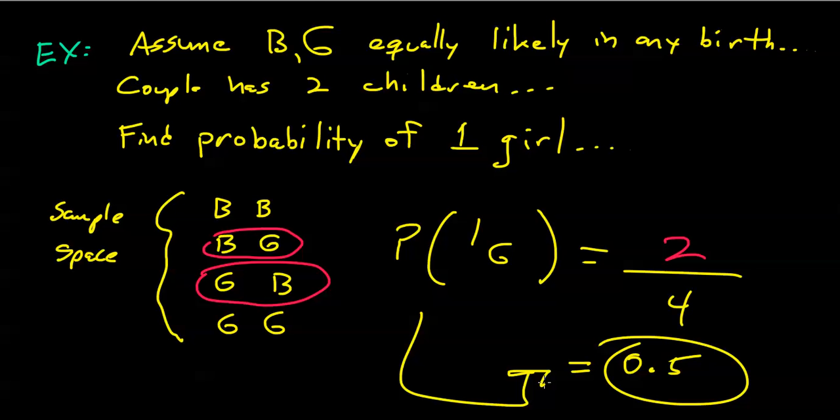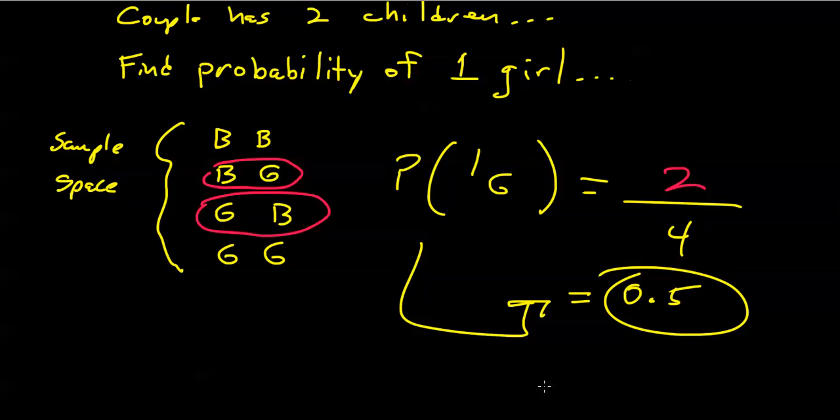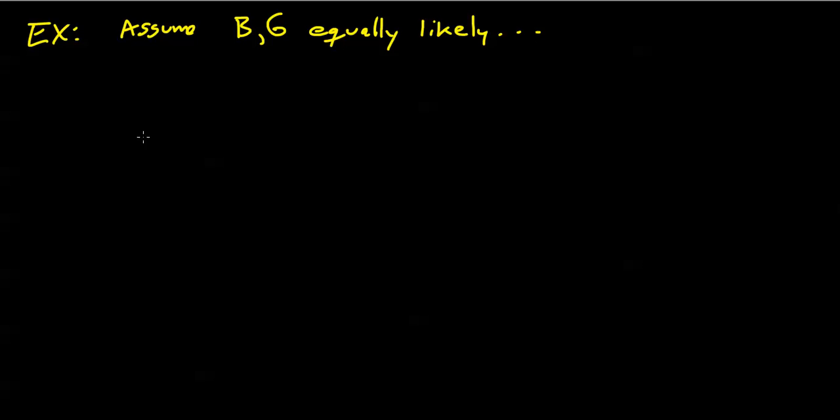All right. Let's do something a little harder here. Get a fresh screen. And I believe this is modeled after one of the homework problems. Again, we'll assume a boy or a girl is equally likely in any birth.